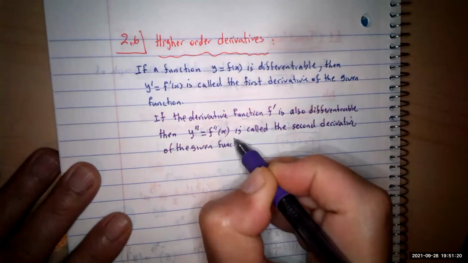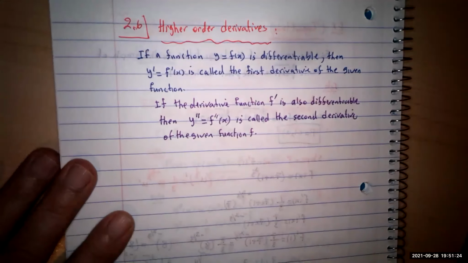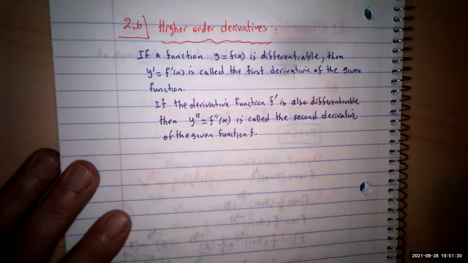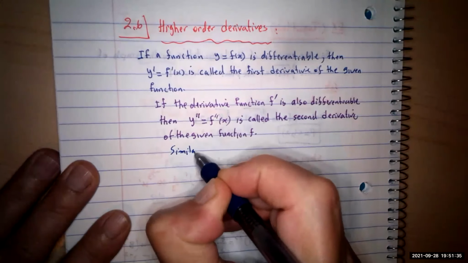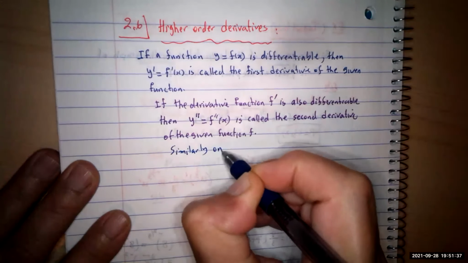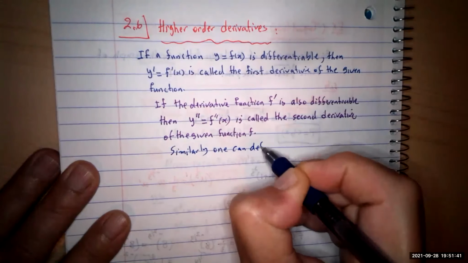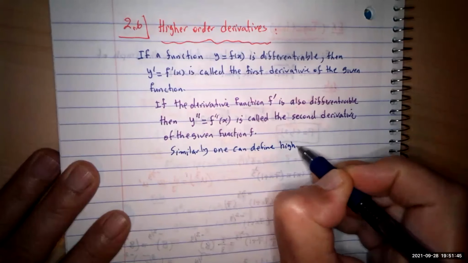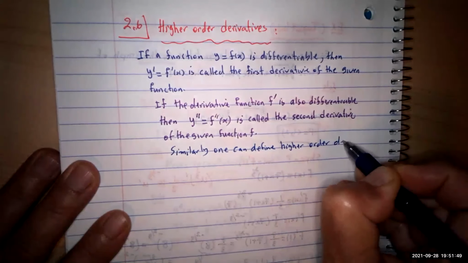Given function f, f prime is the first derivative. If you differentiate it again, that gives you the second derivative. Similarly, one can define higher order derivatives.